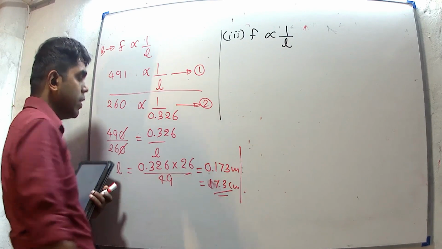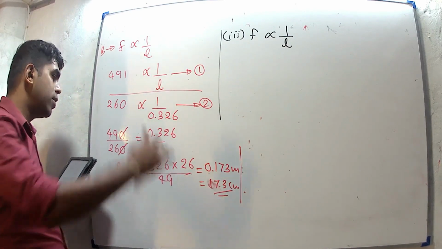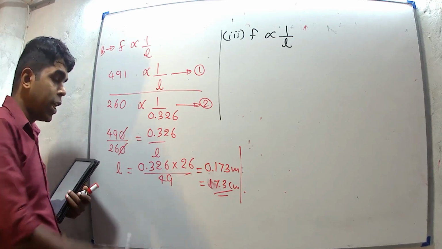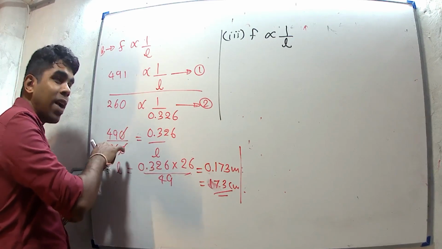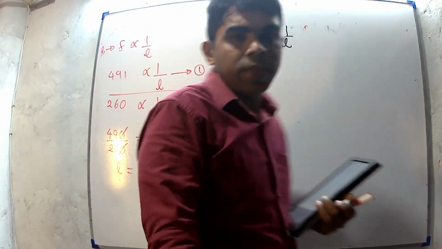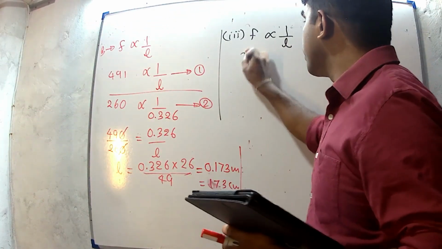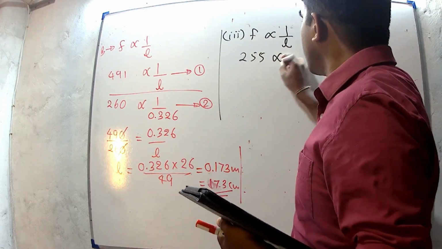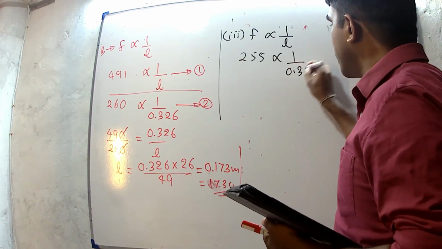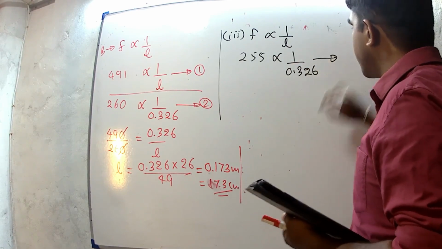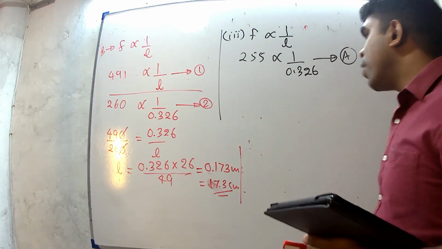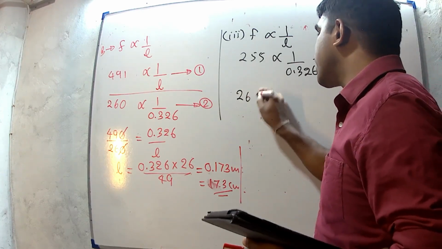Now we have calculated the 0.326 length for 260 Hz. What they have given is not 250. It is 255. It is directly proportional to 1 over length 0.326. I will consider this equation as A. Now we have to calculate the length for 260.